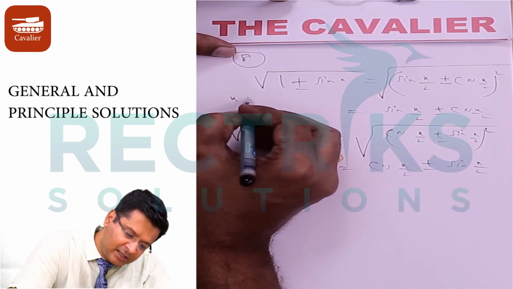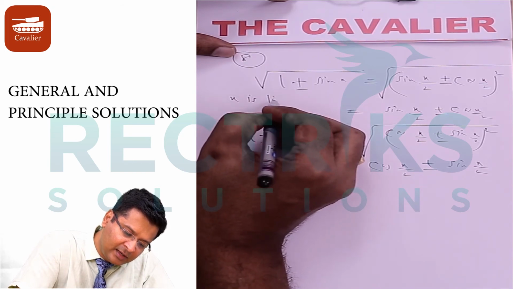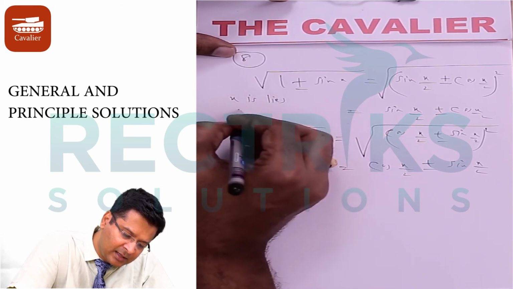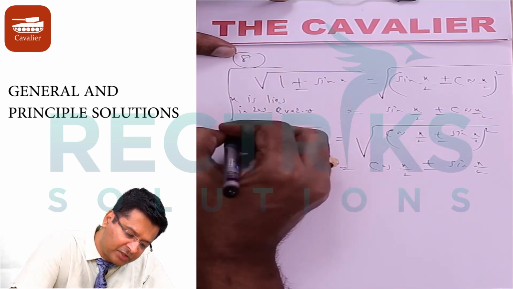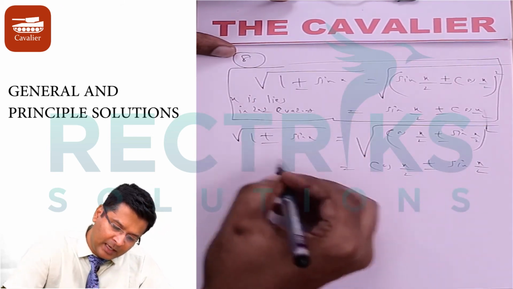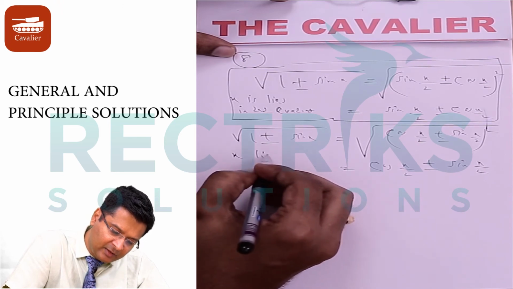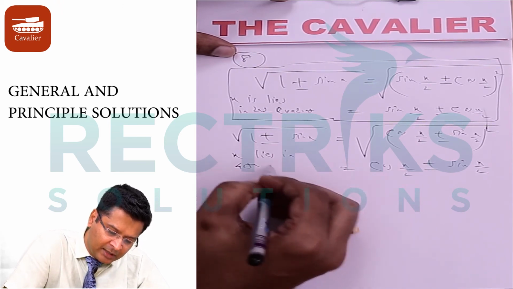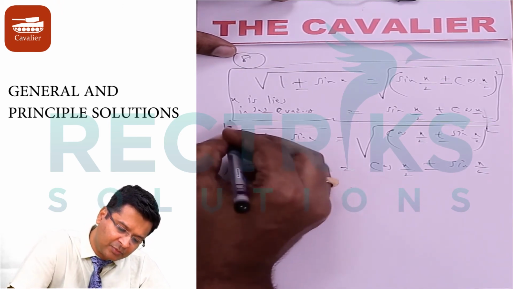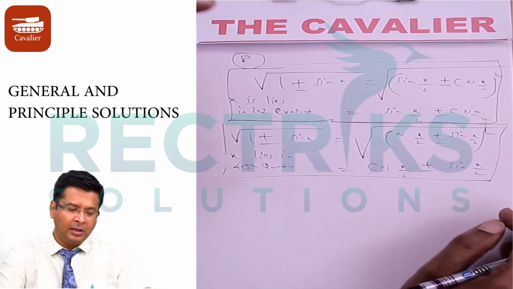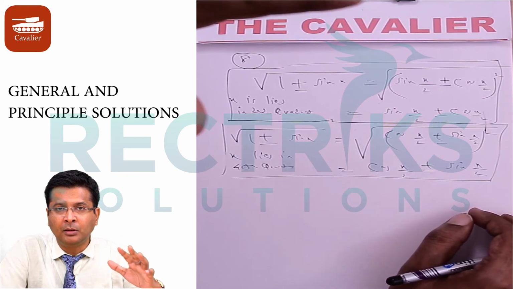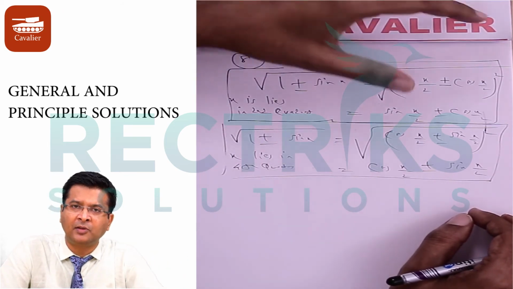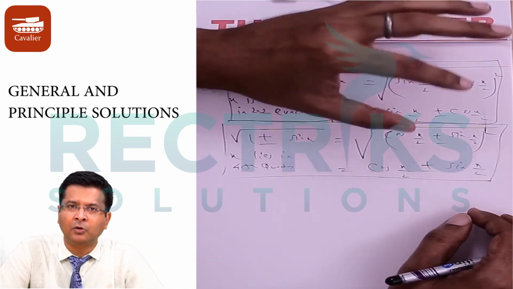If x is lying in the second quadrant, then you are going to use this first substitution. And if x lies in the fourth quadrant, then you are going to use this substitution. Now the reason behind that: in the second quadrant sin is positive and cos is negative, and we have studied in earlier classes that in the second quadrant sin and cosec dominate.